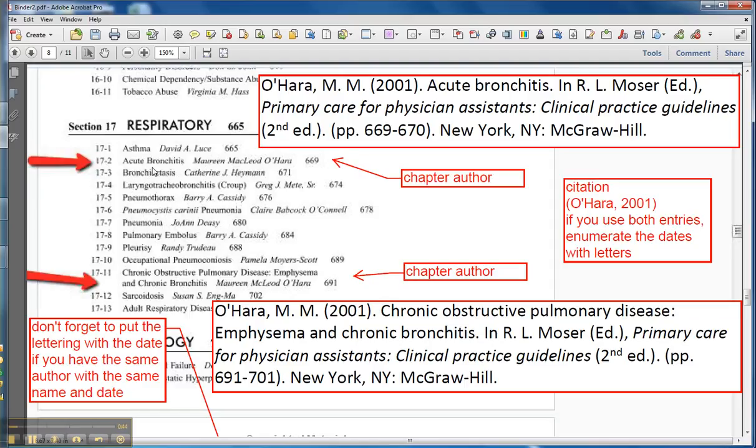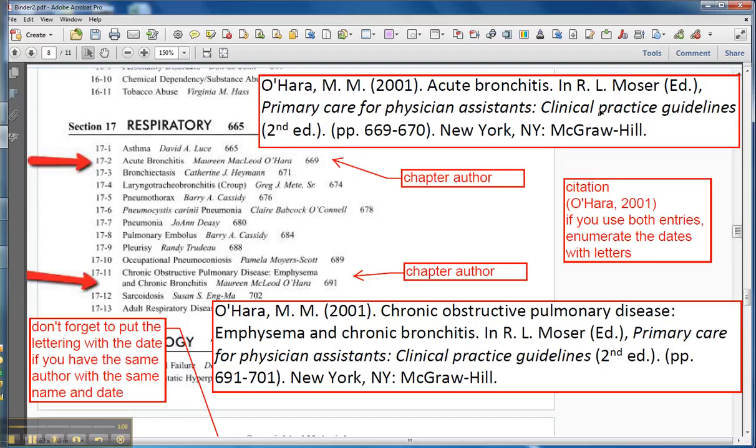The first one here was on acute bronchitis. So here I've got my name with both my initials because I've got my middle name here. First word is capitalized. In R.L. Moser, editor, with a comma here. Primary Care for Physician Assistants, Clinical Practice Guidelines, second edition.